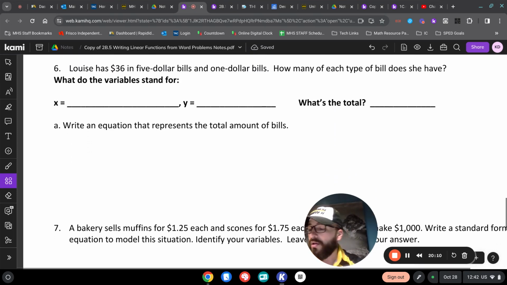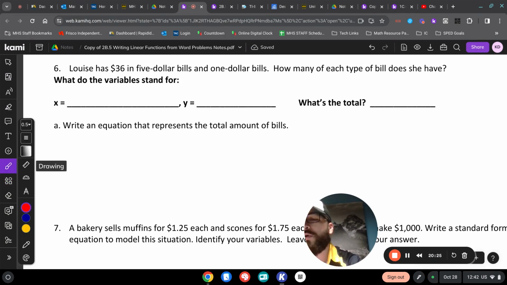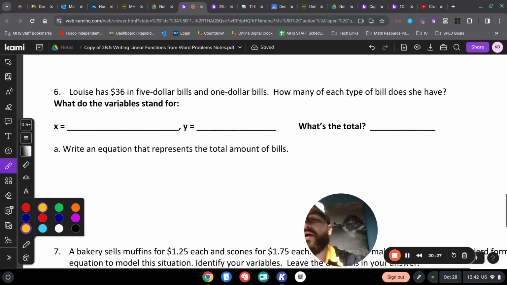Okay. Louise has $36 in $5 bills and $1 bills. How many of each type of bill does she have? So we have two different types of bills: $5 bills and $1 bills. It doesn't really matter which one you assign. I usually just go in the order of the problem. So we can say that our X is our $5 bills and our Y are our $1 bills, and our total is $36.